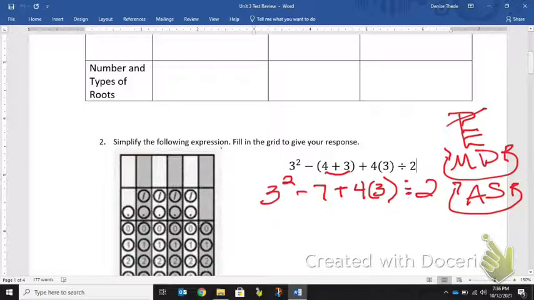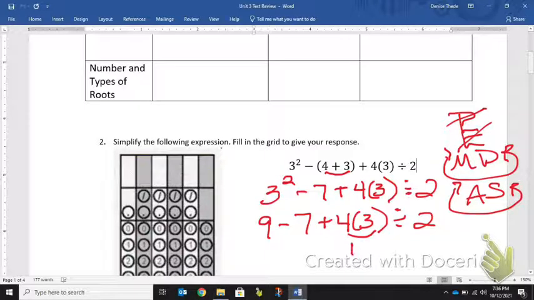I have 3 squared, which is 9, minus 7 plus 4 times 3 divided by 2. Now I do multiplication or division in order from left to right. So I've got subtraction, addition, multiplication. I see that first. So 4 times 3 is 12. Everything else gets written down as is.